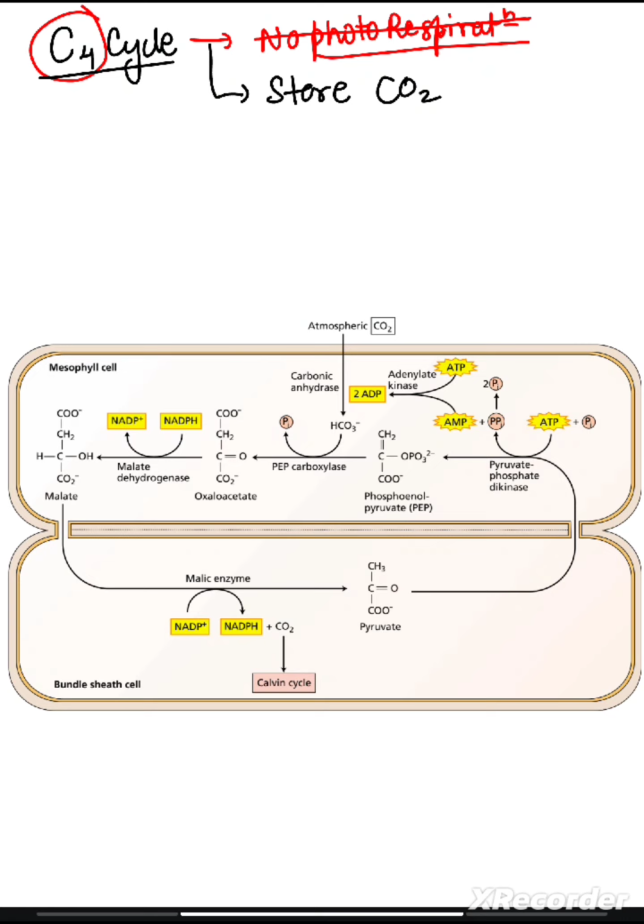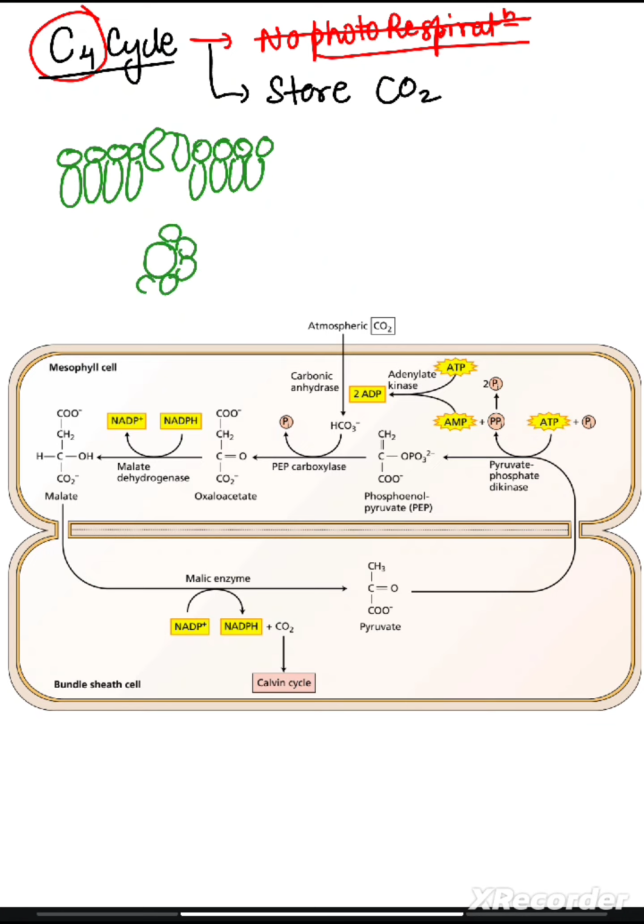So the normal anatomy of a C3 plant is that they have an epidermis, there will be stomata here, then again epidermis cells, then they have palisade mesophyll cells, then a vascular bundle, and they will have bundle sheath cells.